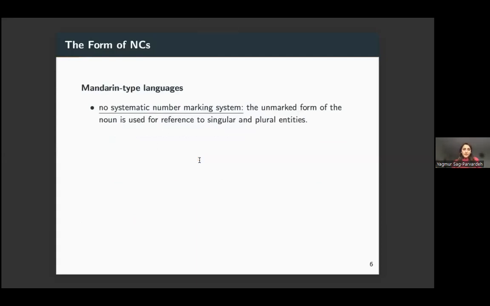On the other hand, there are Mandarin Chinese-type languages, which do not have any systematic number marking system. In other words, they do not differentiate the singular form of the noun from the plural form, and the singular form, which can also be called the unmarked form, can be used to refer to singular and plural entities. So it's kind of ambiguous. They have a plural marker, but it has a very restricted use, not like the plural marker that we know from English or Turkish.